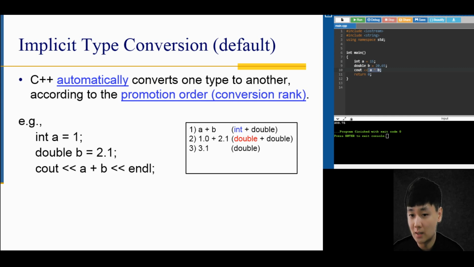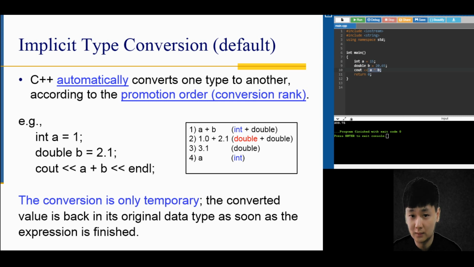Once the calculation is done, this conversion from integer to double is not valid anymore, and the data type of a will convert back to its original data type, which is integer.